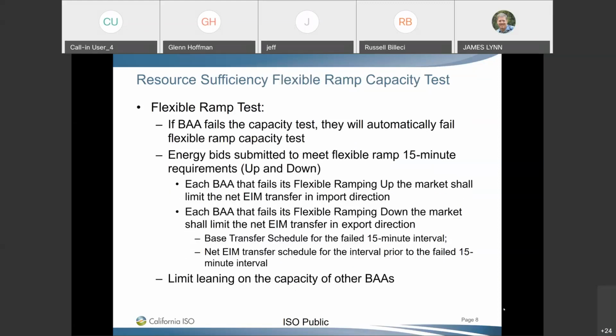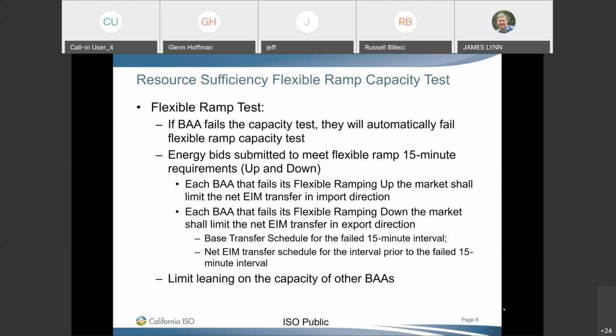So the flexible ramp test, as I said before, the whole purpose of it is to determine if you have enough flexible resources to meet both the net load change plus uncertainty. Now, if you fail the flexible ramp test, you could fail it in one direction, you could fail it in both directions. We run these tests to ensure that you're not leaning or others aren't leaning on you.